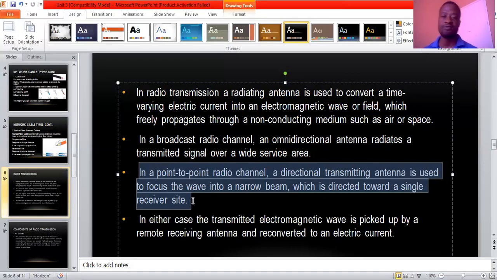So the receiver has to be within the area to get this signal. If you're far, then you won't get the signal, or the signal strength will be very low. Then you have a problem with the connection, compared to someone who is closer to where the signals are being transmitted from.